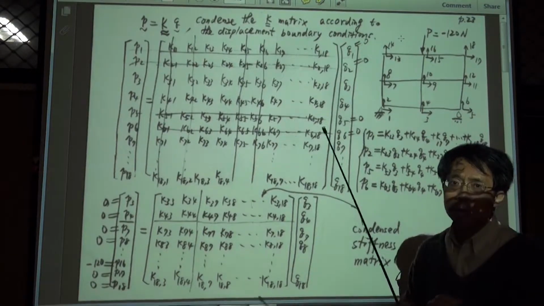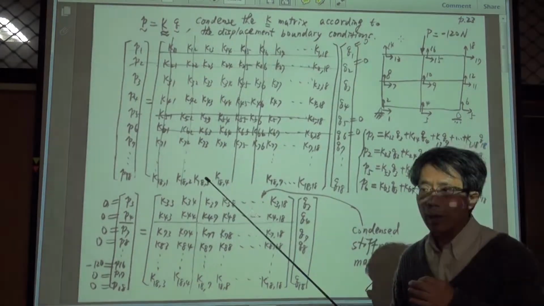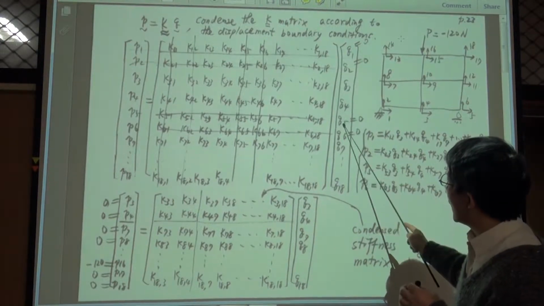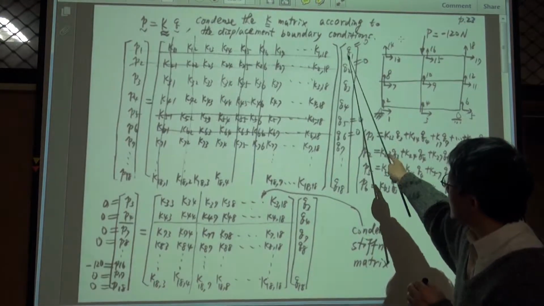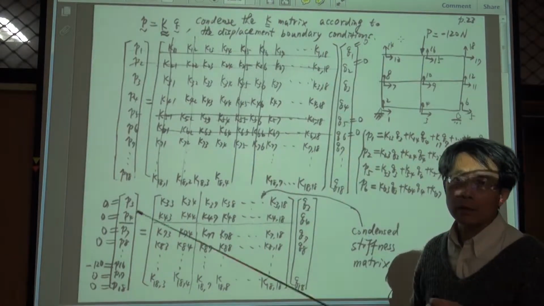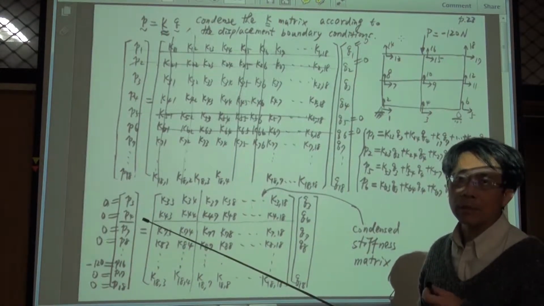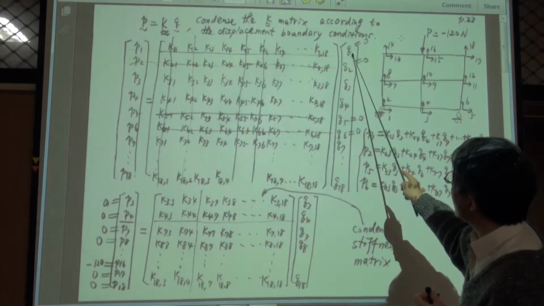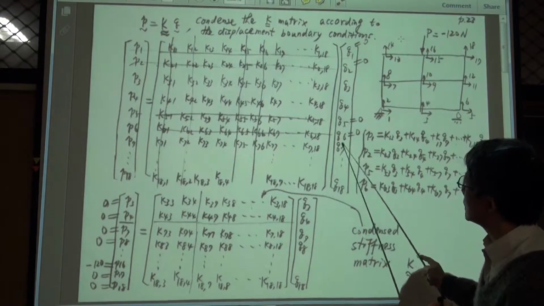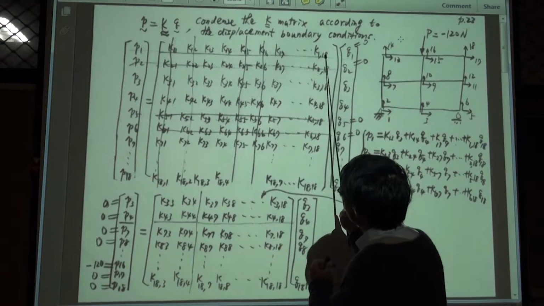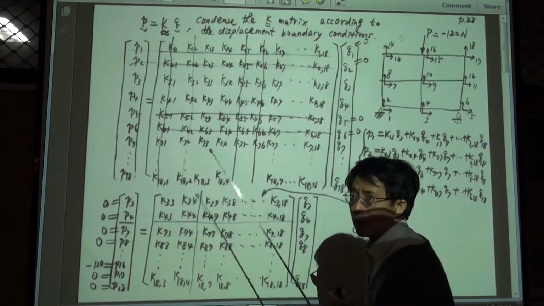So we want to take these four quantities out of this vector equation because we don't need to calculate them because they are already known. So we want to cancel this, cancel this, cancel this. How? What to do? We just pull this matrix out.